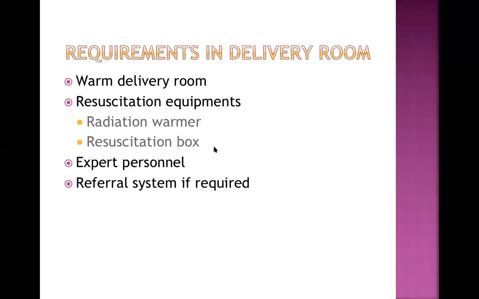The facial mask should be there. Then some of the drugs should be there, like adrenaline, atropine, 5% and 10% dextrose, sodium bicarbonate, probably naloxone. All of these drugs should be there. So these are the important things in the resuscitation box.